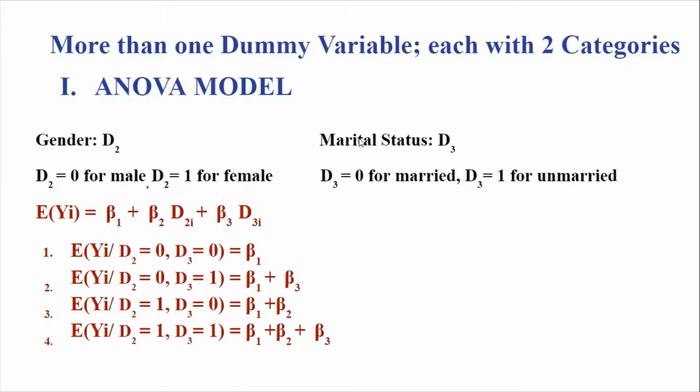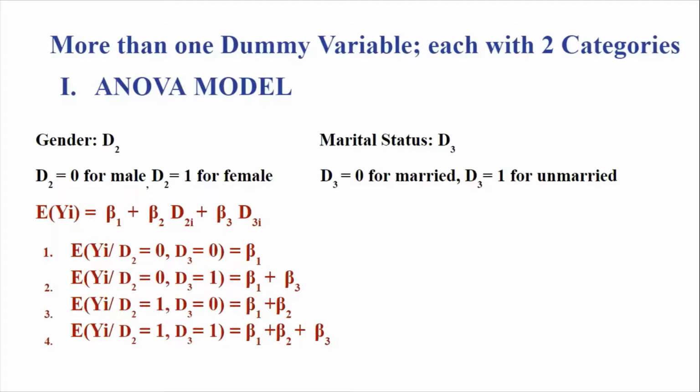The second dummy variable that has been introduced is marital status, denoted as D3. D3 equal to 0 for married and D3 equal to 1 for unmarried. So this is how you assign values for dummy variables.